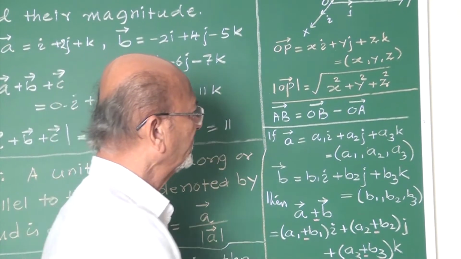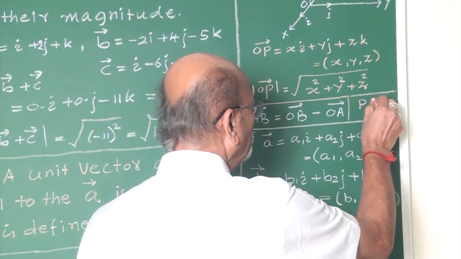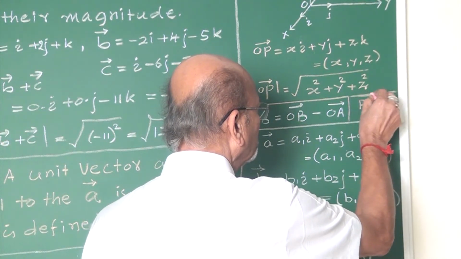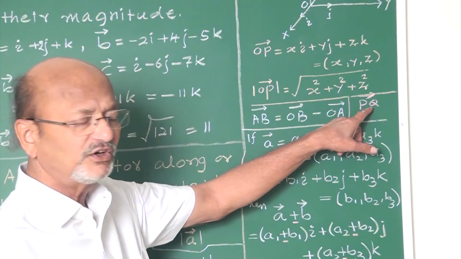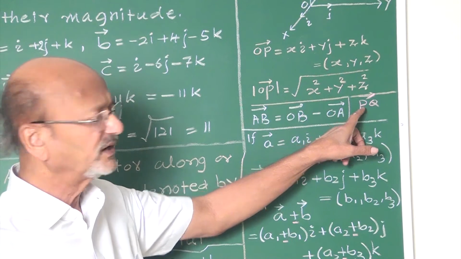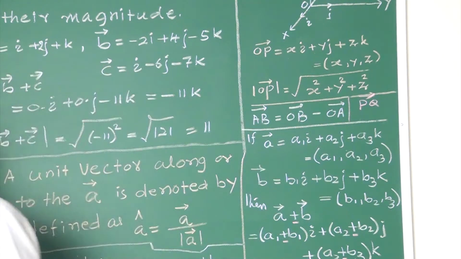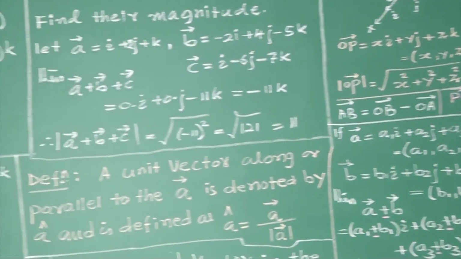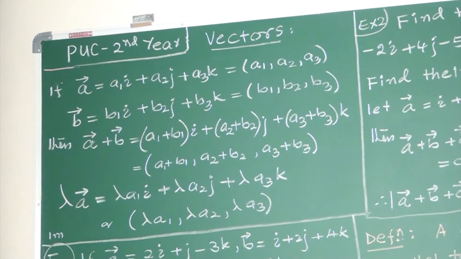Similarly, you can express vector PQ. This vector PQ can be expressed as the position vector of the second point OQ minus OP. OQ minus OP. Yes, my friend. This is the third result, my friends.